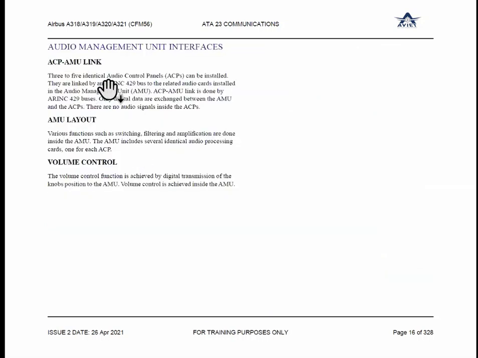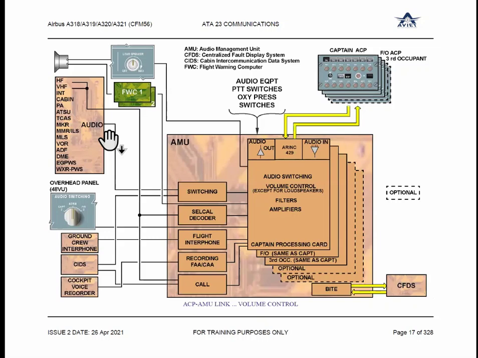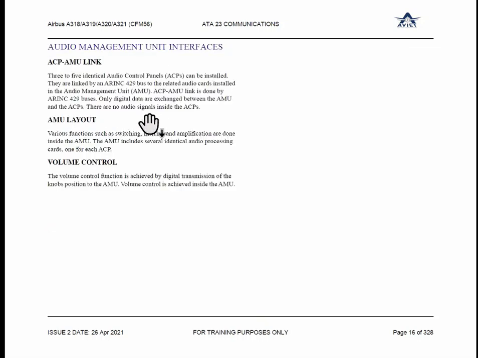So three to five identical audio control panels, or control cards, can be installed. They are linked to the ARINC 429 buses related to the audio cards in the audio management unit, which I talked to you about, all these cards or audio control panels. There are no audio signals inside ACP. AMU layout: various functions such as switching, filtering, amplification are done inside the AMU.